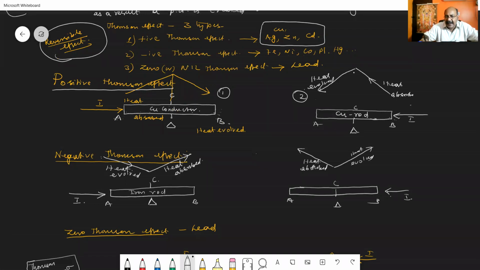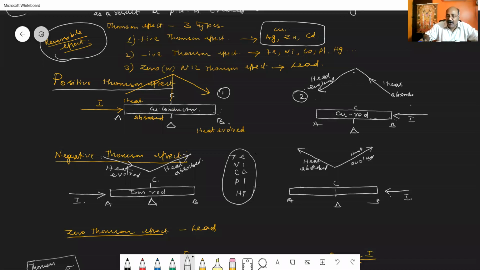Similarly, negative Thomson effect is exhibited by iron, nickel, cobalt, platinum, mercury, etc. Out of these, I have taken iron as the example. Consider an iron rod of length AB. Let C be the center.